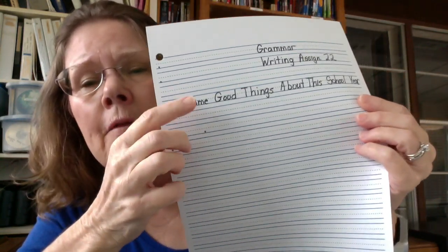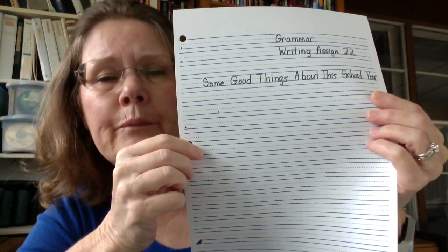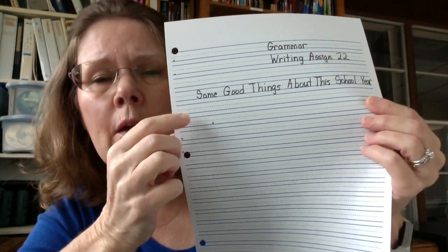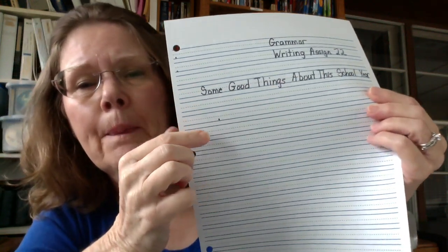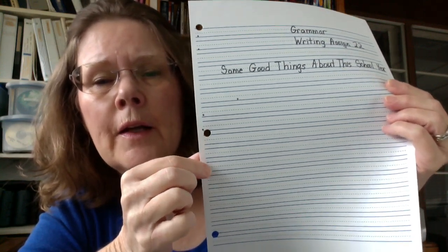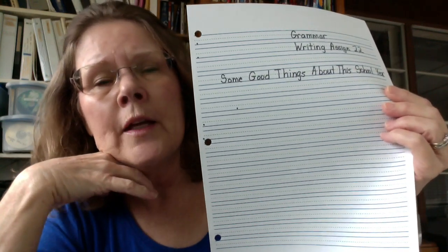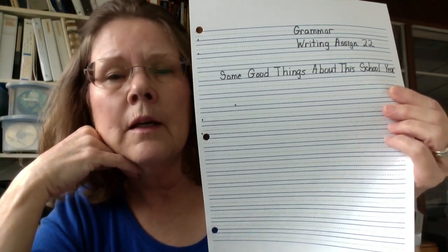In fact, I have on this page the dots there for you. This is the title, all caps. Then your first line is indented, and then all your other lines are down here. So if you use a regular piece of notebook paper, still use the same format, please. Okay, so that's all we're doing on that.